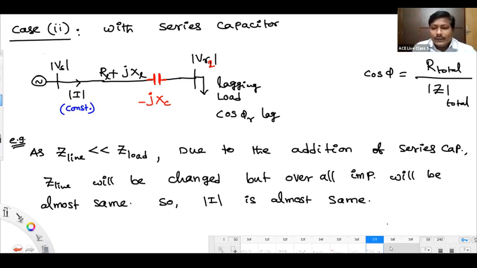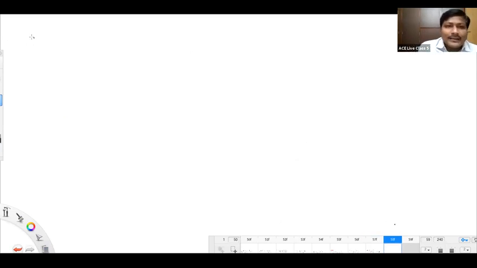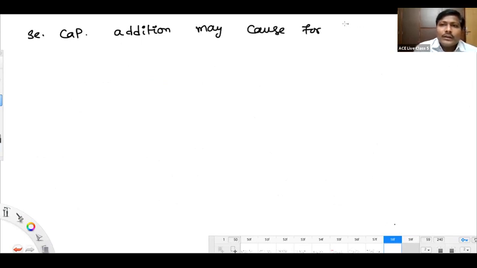So series capacitor addition may cause a little improvement in the power factor only.